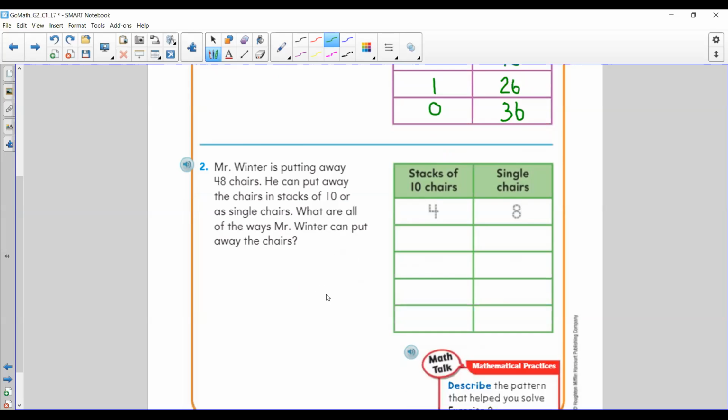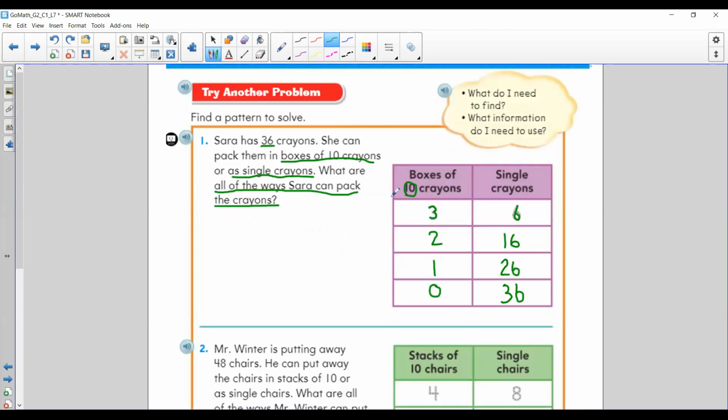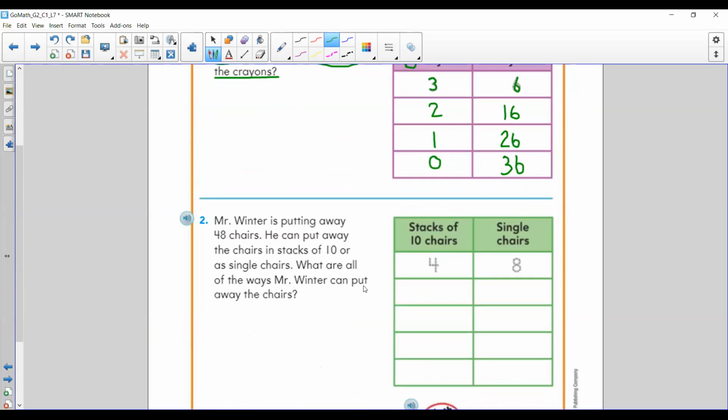Remember our little bubble up there. What do we need to find? Okay, let's see what we need to find. We need to find all the ways. What are the ways? The ways that Mr. Winter can put away the chairs. And what information do we have?